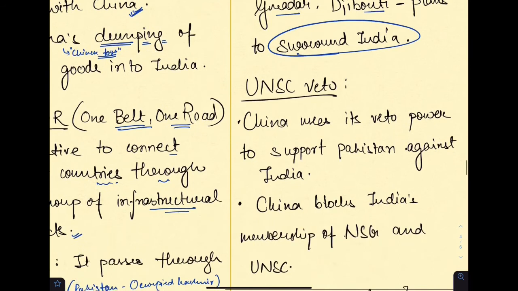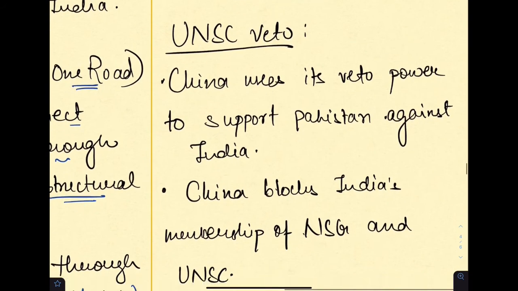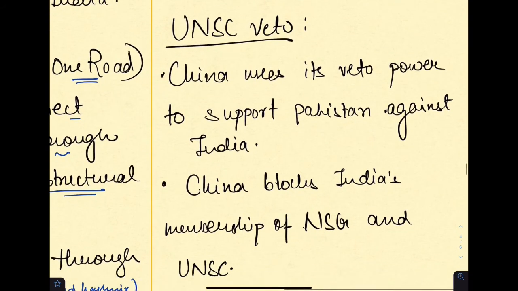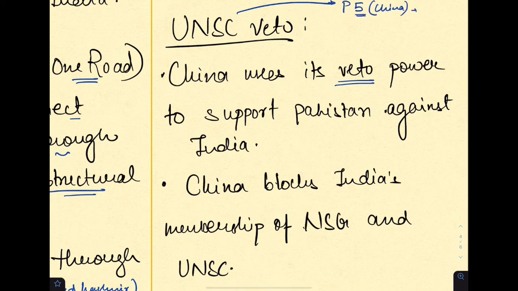The last point is of UNSC vote. What China does is they use their veto power. So UNSC has P5 members. One of them is China. So they have a veto power.